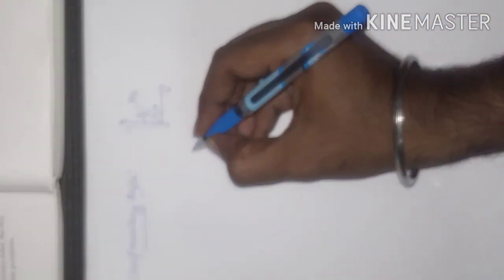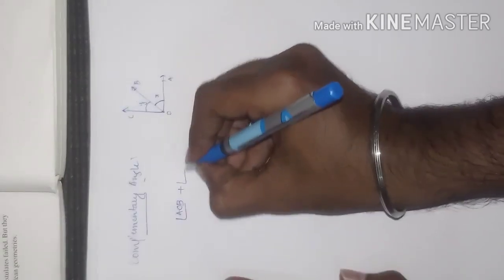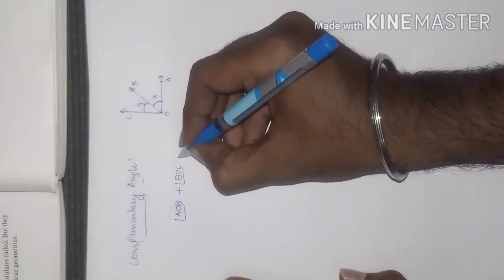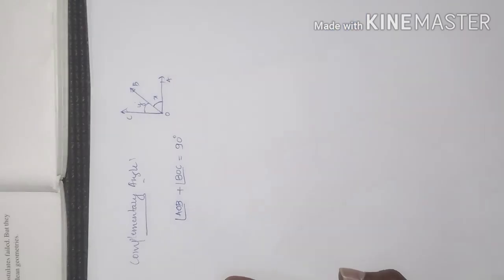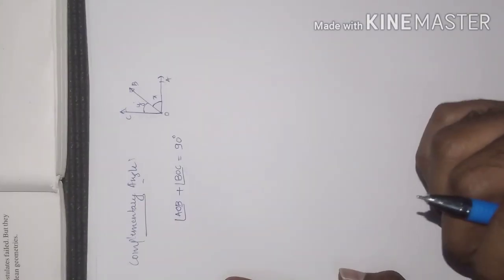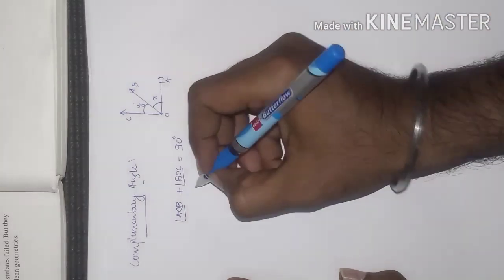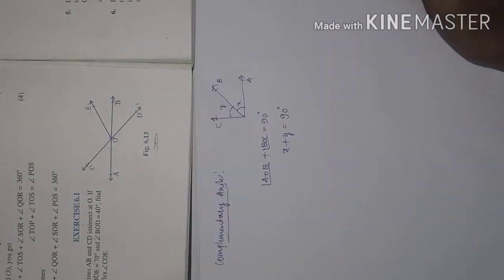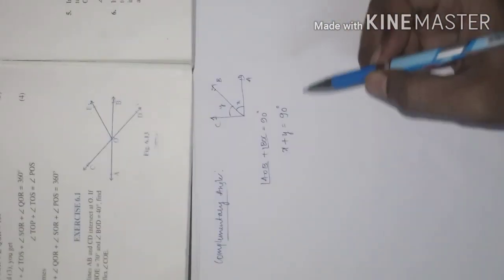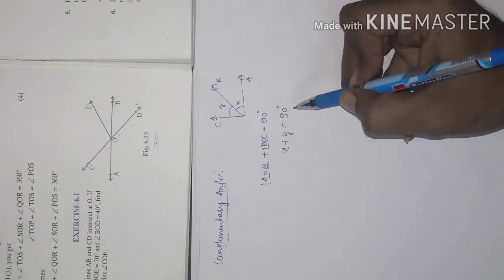Now angle AOB plus angle BOC should be 90 degrees, then only these are called complementary angles. Therefore angle X plus angle Y is equal to 90 degrees. Once again I will repeat it: complementary angles are those angles whose sum of measures is equal to 90 degrees.